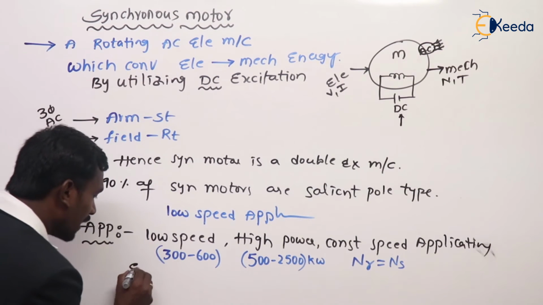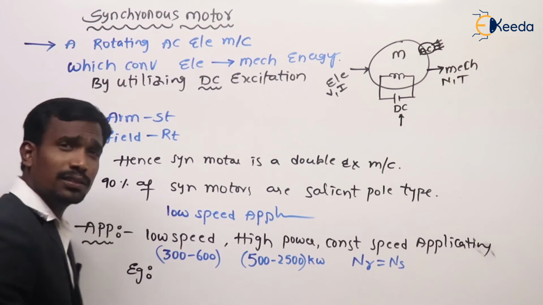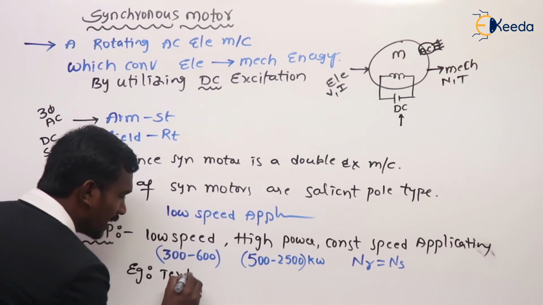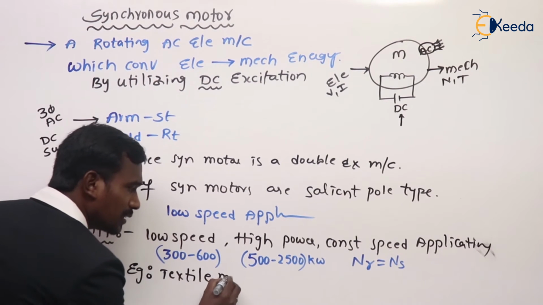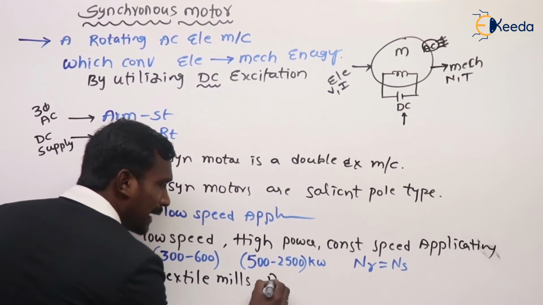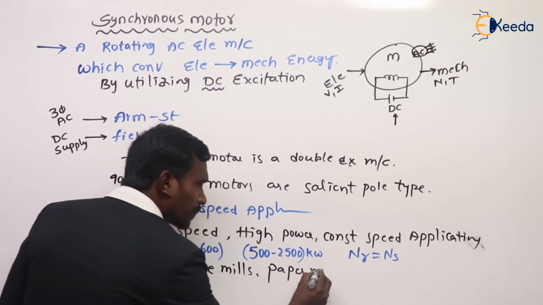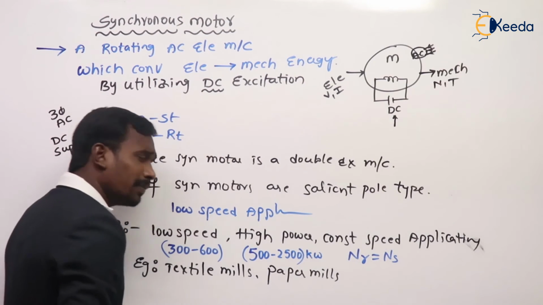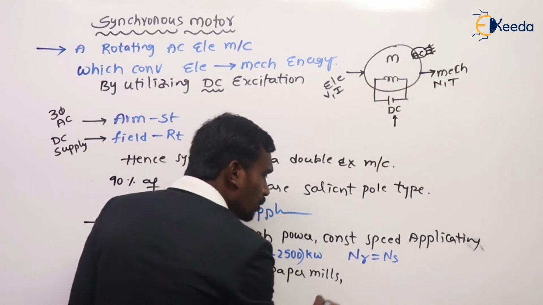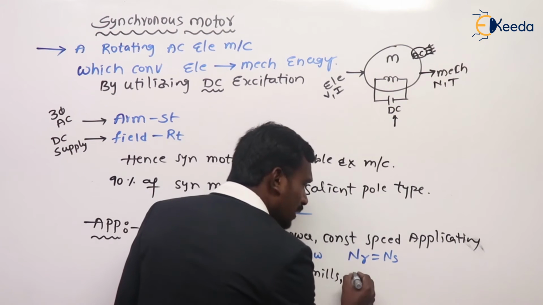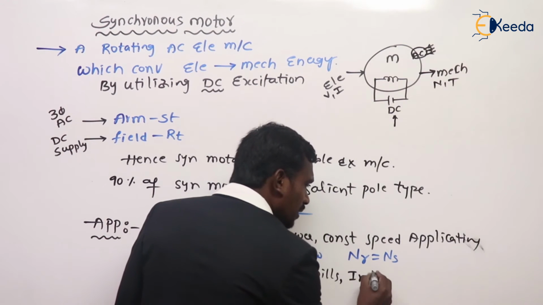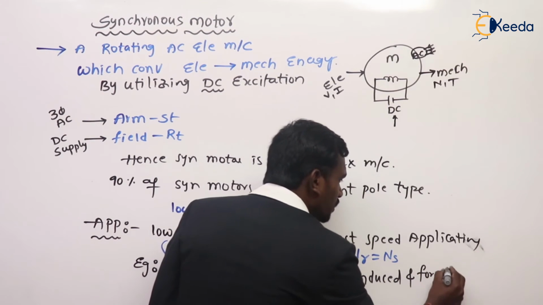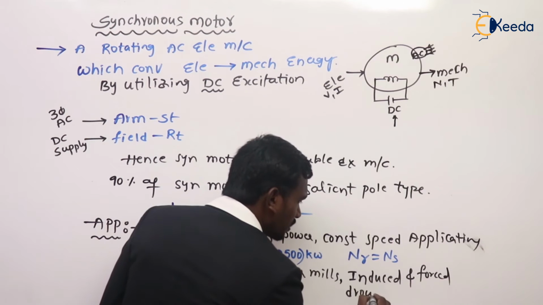Can you give me examples of these applications? Yes, exactly: textile mills, paper mills, and also induced and forced draught fans.